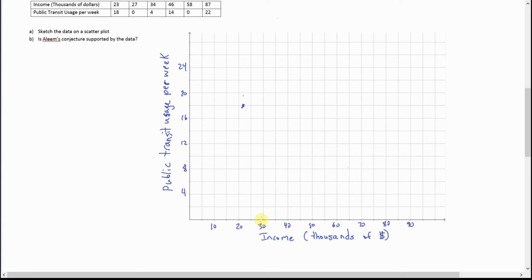They do not take public transit at all. 34,000 and 4. 46,000 and 14. 58,000 and 0. 87,000 and 22.